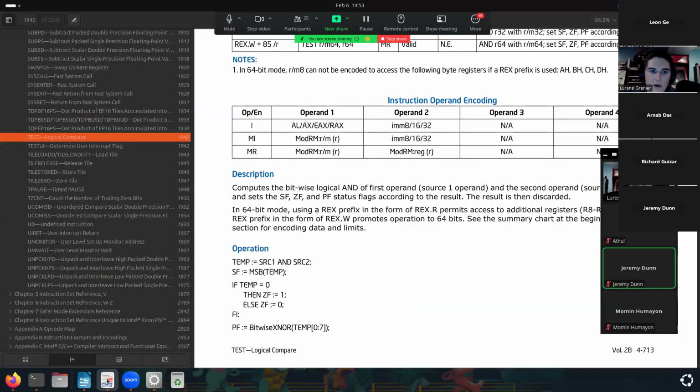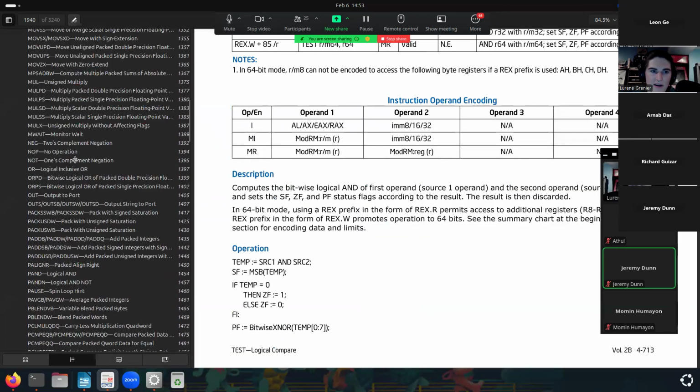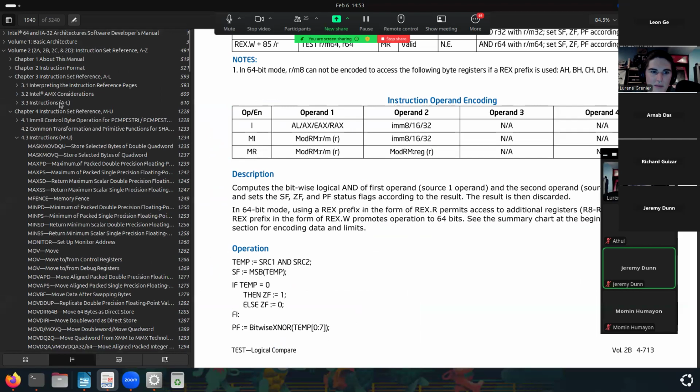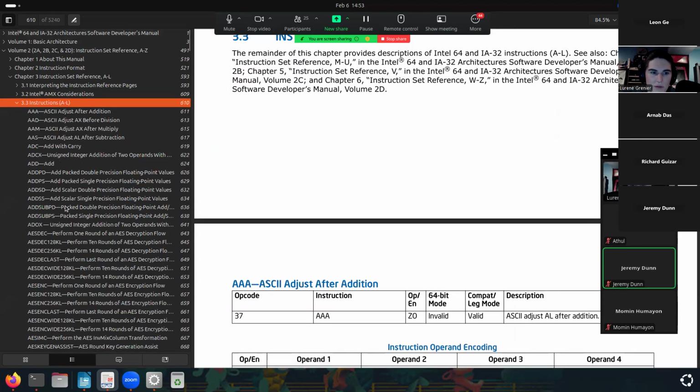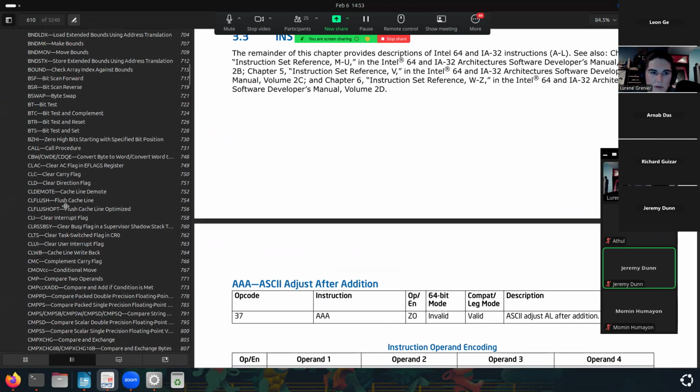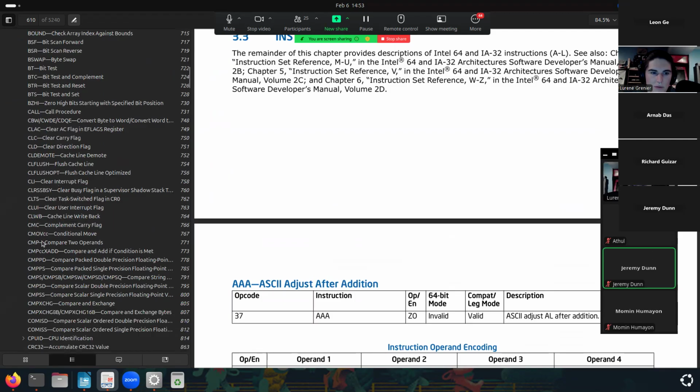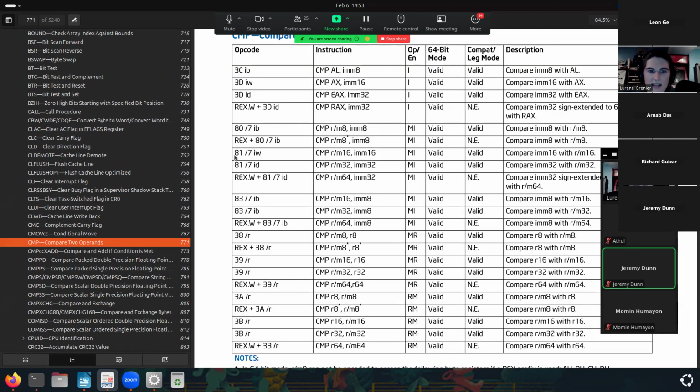So then if I go over to compare here in my manual, I know exactly what line I'm looking for. It's this one, starts with 81, right? So now I can actually look up in my table by the opcode.